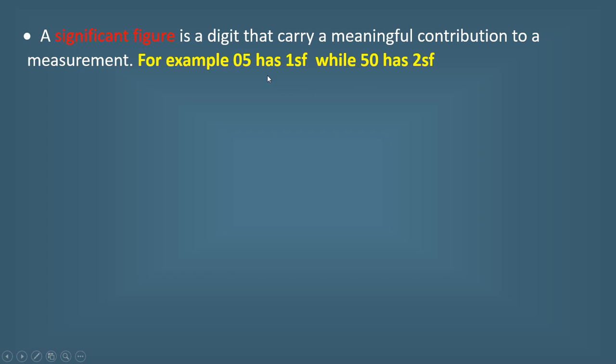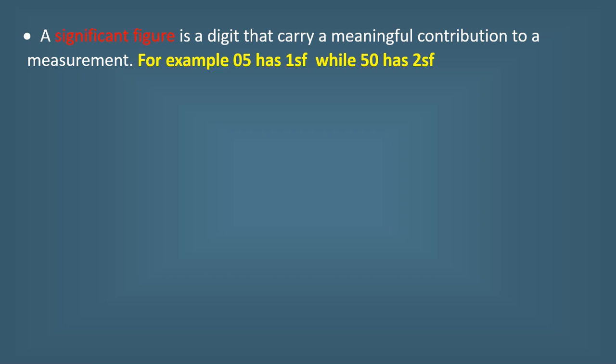Now, when you look at 0.5, the zero before here has no significant value in this figure. It does not have a significant value. But 5 is the one which has the significant value. And therefore, we take 5. However, when you look at 50, two significant figures.